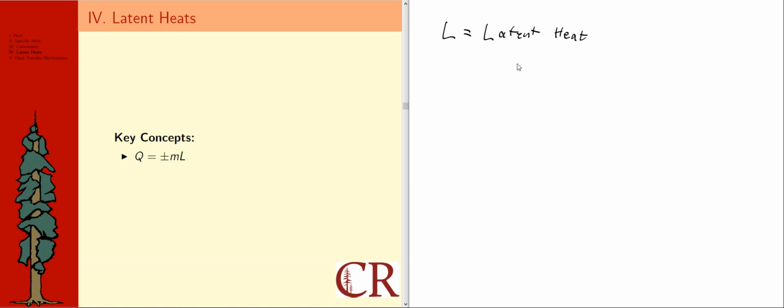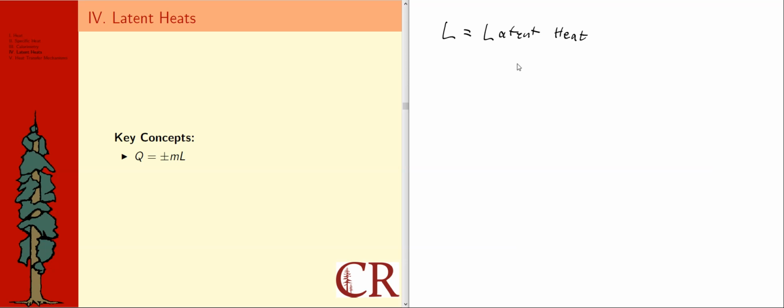If instead I said, well, let's say the ice starts at negative 15 degrees Celsius, how much heat does it take for it to become water that is 15 degrees Celsius? Well, that's going to involve some heat to simply warm the ice up to 0 degrees Celsius, and then as well some heat to warm up the now water after it's melted from 0 degrees Celsius to 15 degrees Celsius.